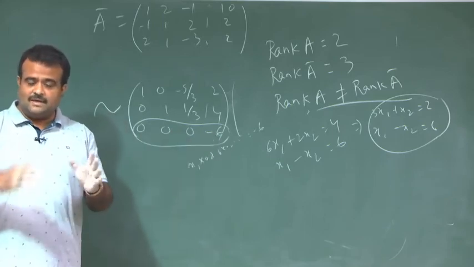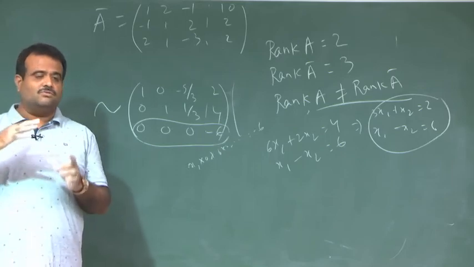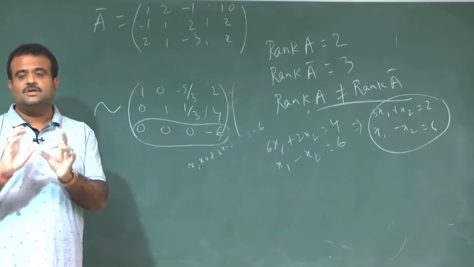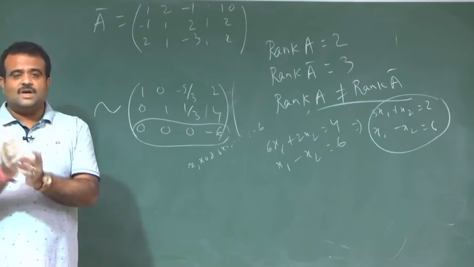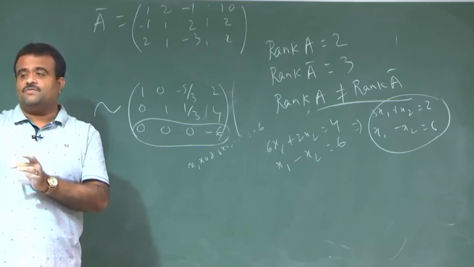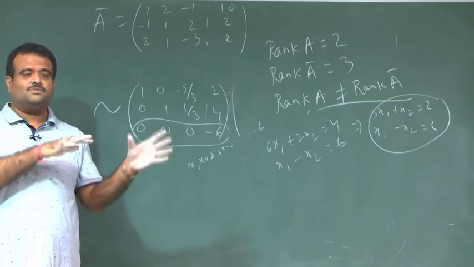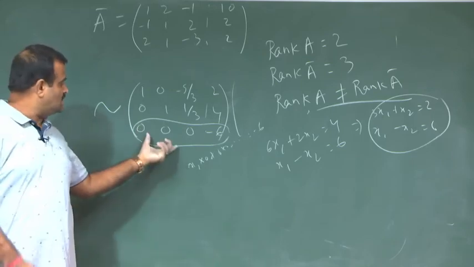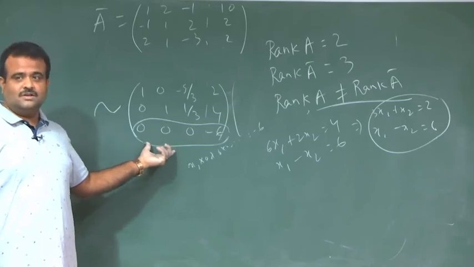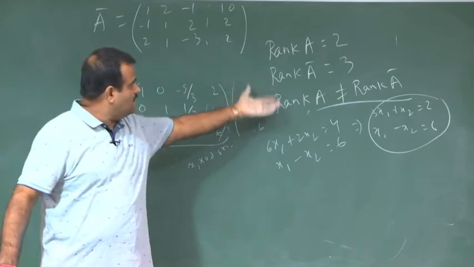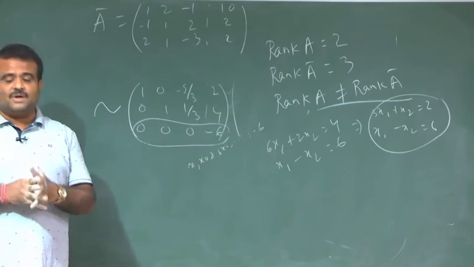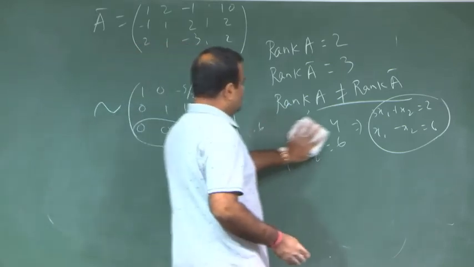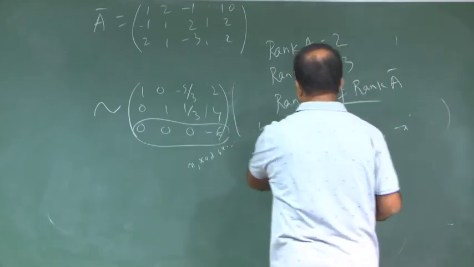Again, while doing the row operation on the augmented matrix, we are just reaching an equivalent system of equations which has the same solution as the original system. Now, this system has no solutions, that is why the rank of the augmented matrix should equal the rank of the matrix. So, that means this system is inconsistent.